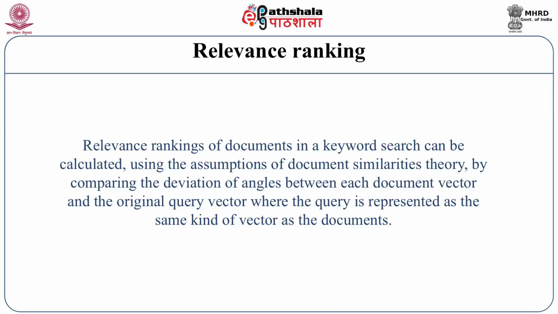So relevance rankings of documents in a keyword search can be calculated using the assumption of document similarities theory, by comparing the deviation of angles between each document vector and the original query vector, where the query is represented as the same kind of vector as the documents.